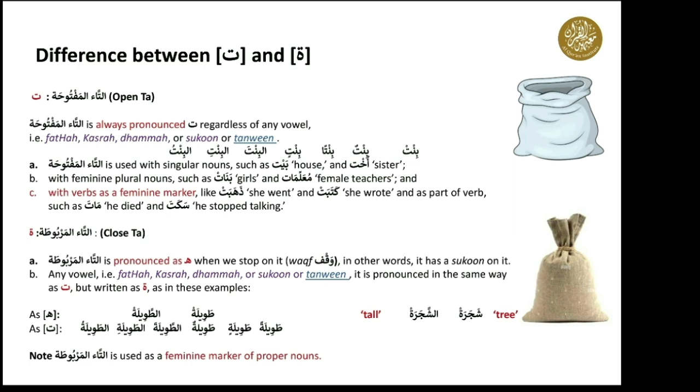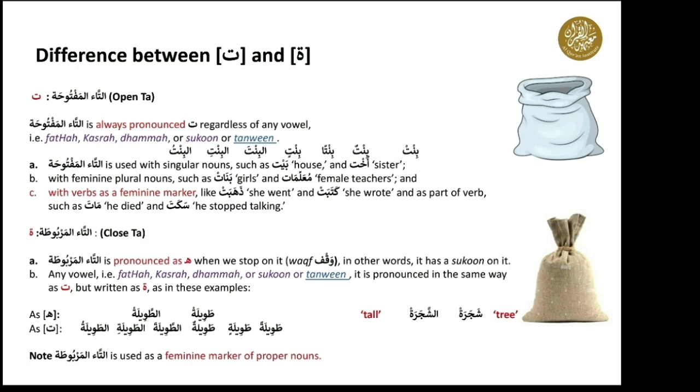Ta maftuha is used with feminine plural nouns such as banat, girls, and muallimat, female teachers. Ta maftuha is also used with verbs as a feminine marker, like dhahabat, she went, and katabat, she wrote, and as part of the verb such as mata, he died, sakata, he stopped talking.